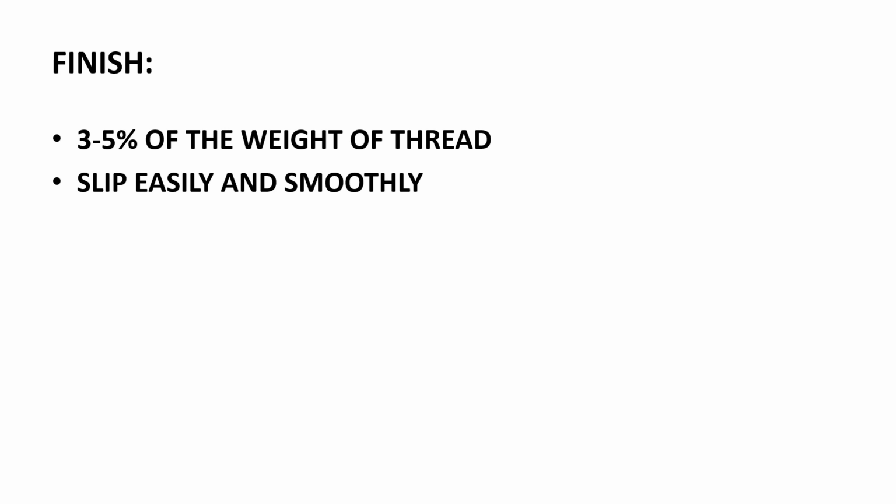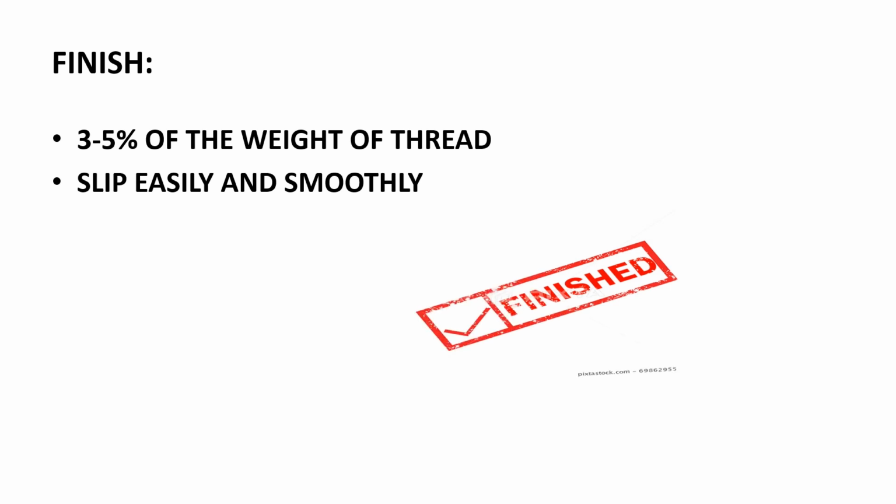So these are some of the advantages that people really exploit by using some good lubricant, so that the performance of the sewing thread in terms of sewability increases. So the finished product may get a lot of such lubrication, and normally 3 to 5% of the weight of the thread is given as lubrication.